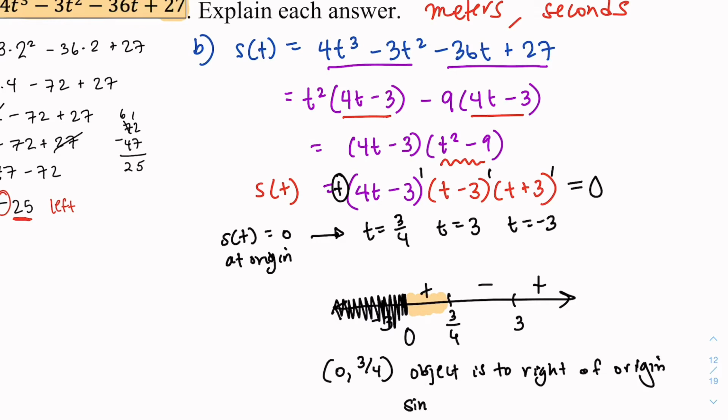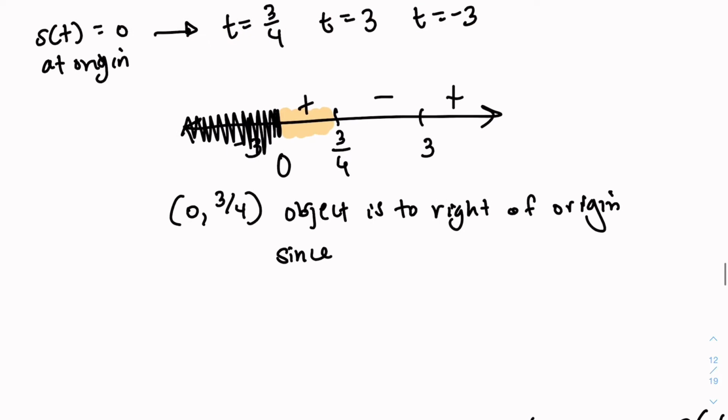Because s of t is greater than 0, but that's not the only place. Also from 3 to infinity, for the same reason.